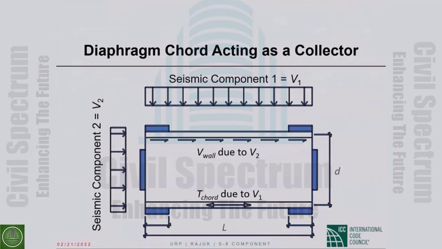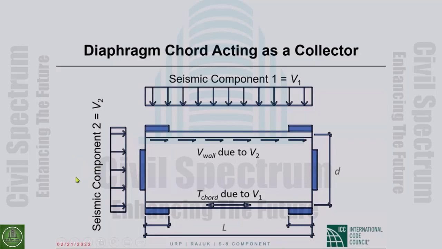Anyway, this slide makes the point that for this direction of seismic forces, this is the tension cord, this is the compression cord, and the collectors are here. Okay, so for this direction of seismic forces, this is the compression cord, this is the tension cord, and those are the collectors.